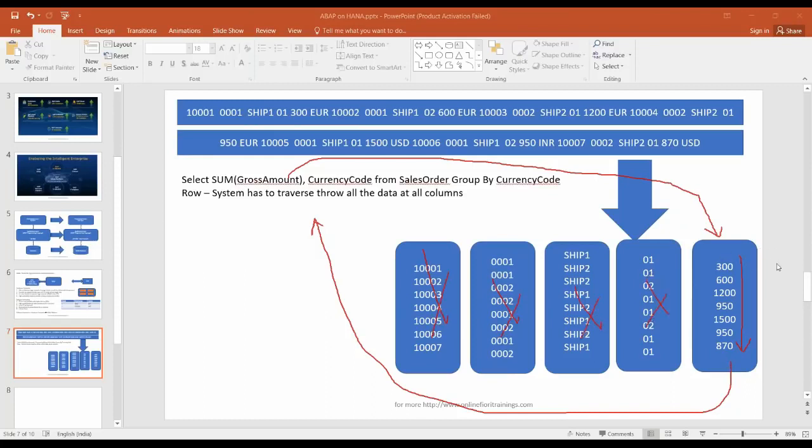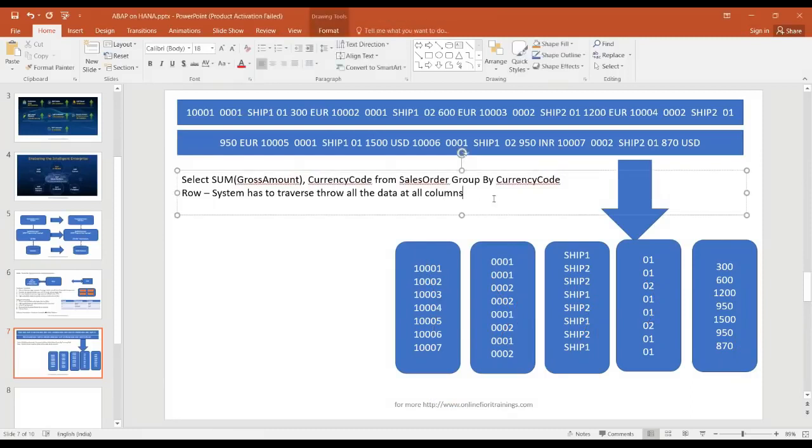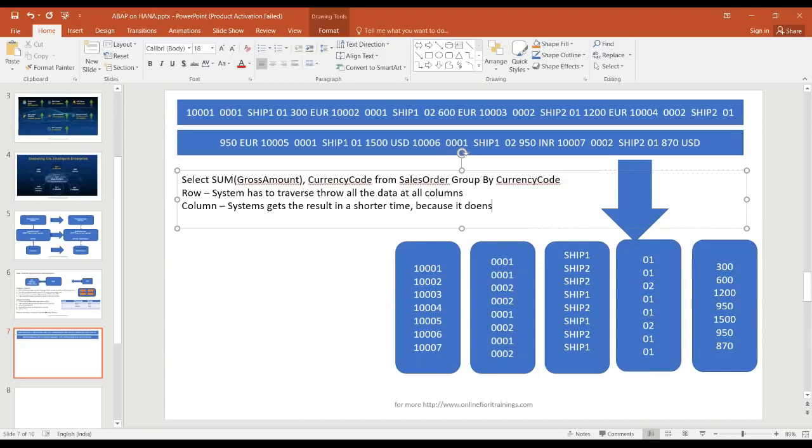That creates an amazing atmosphere for me to bring the data as fast as possible without traversing too much data. So the system gets me this result in a shorter time, because the data traversal takes less time, because it doesn't have to traverse columns which are not in the query. So that's the advantage of column store, guys.